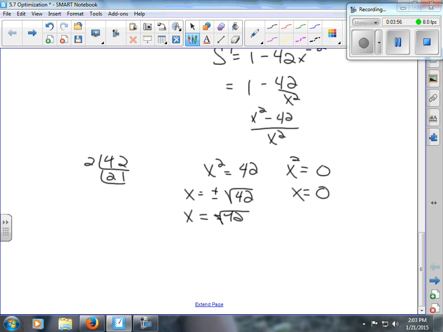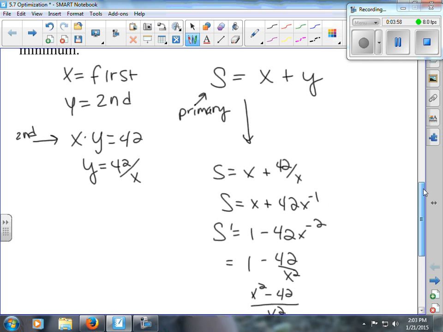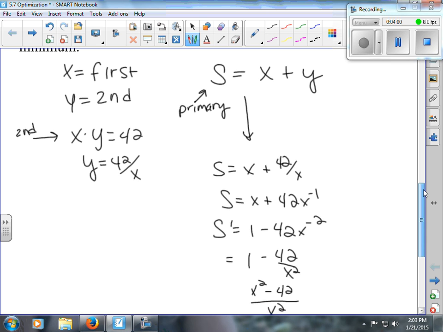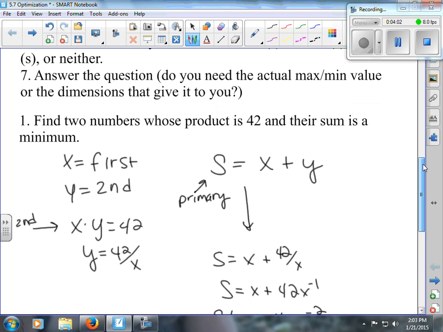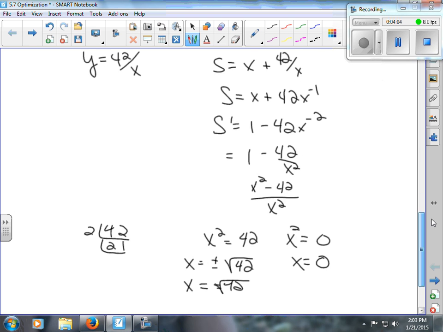And the sum of the numbers has to be a minimum. So let's see here. If x is square root of 42, then going back to my constraint, y would equal 42 divided by square root of 42, or square root of 42.